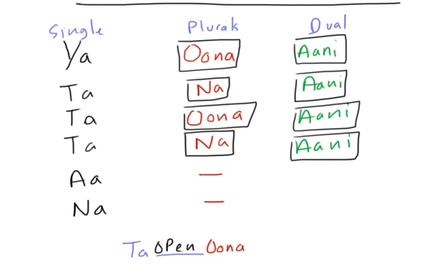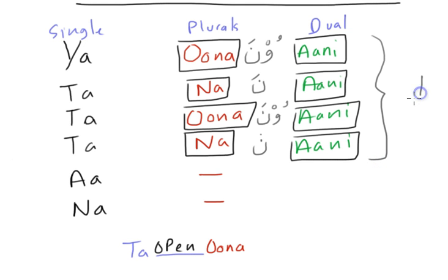Now let me just write in the Arabic words. So for una, it's a waw, noon, waw sukun, noon, and a dhamma before it, una. And for na, it's just a noon with the fatha, again, una and na. And for ani, okay, it's all the same. So all you do is you add alif and noon at the end, ani, okay, which is the fatha before it, ani.